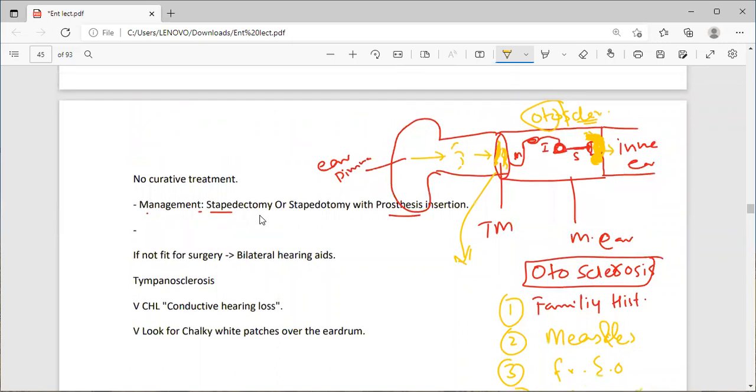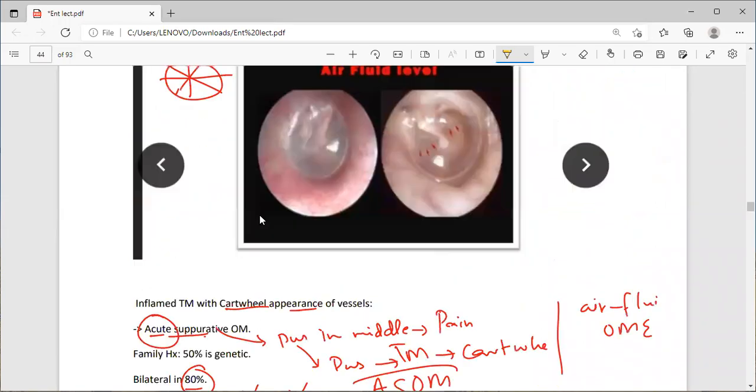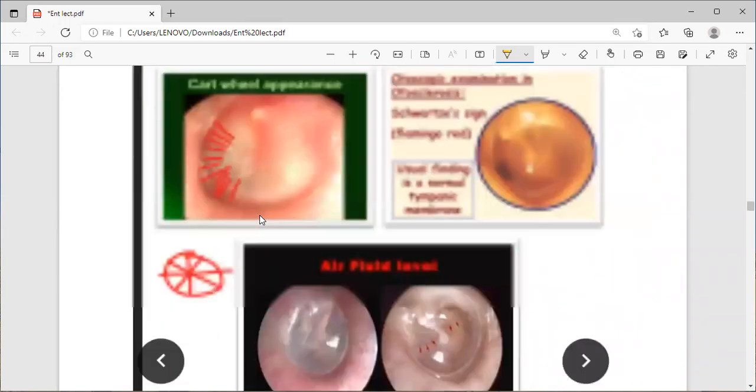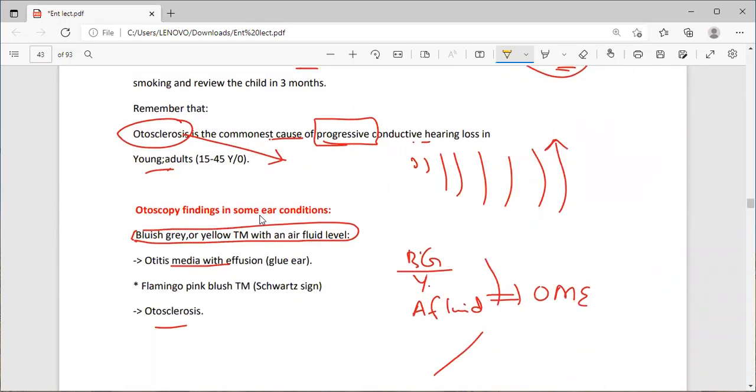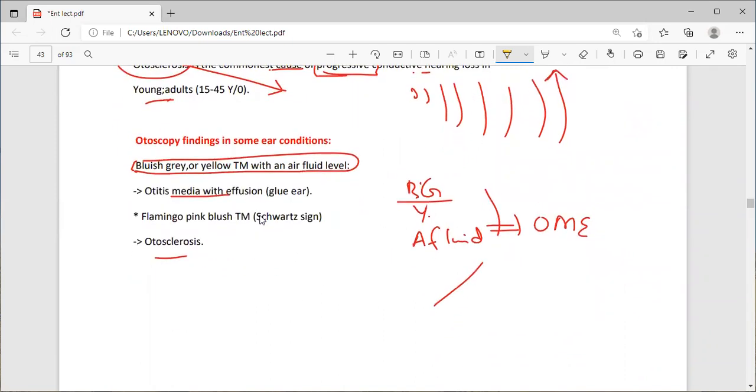Now let's see what we have got in otosclerosis. I told you that we have a flamingo or pink blush tympanic membrane, or Schwartz sign, in otosclerosis. Now what is this sign? So basically, this is a tympanic membrane.